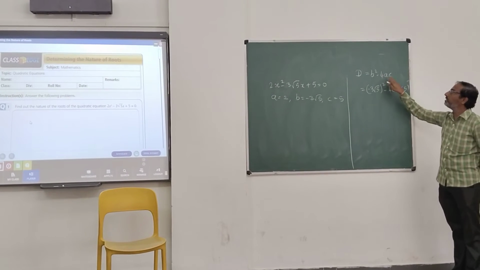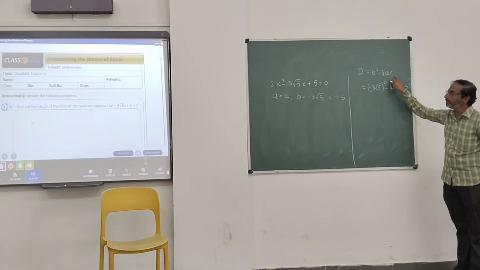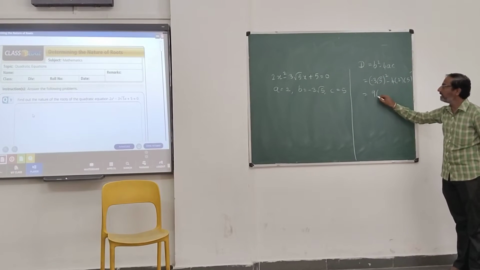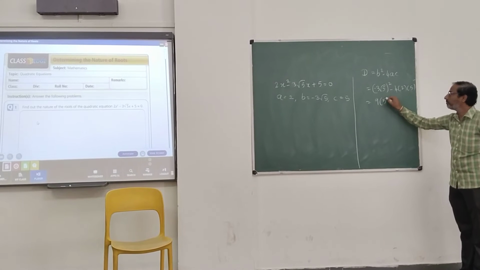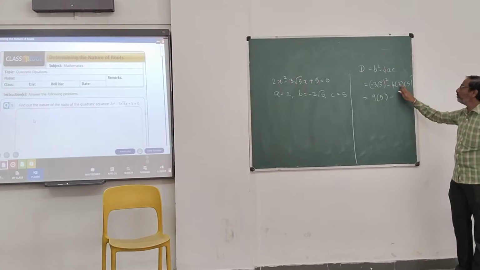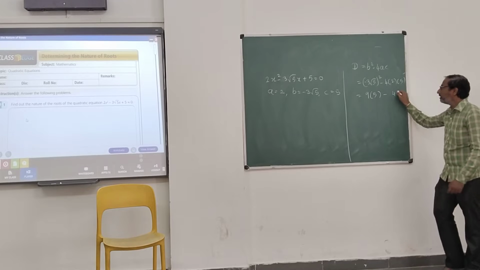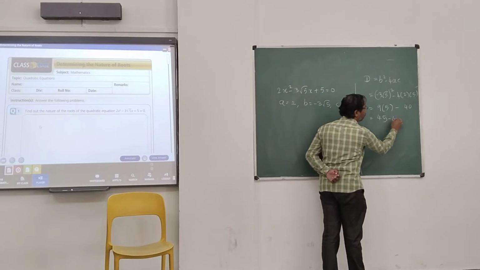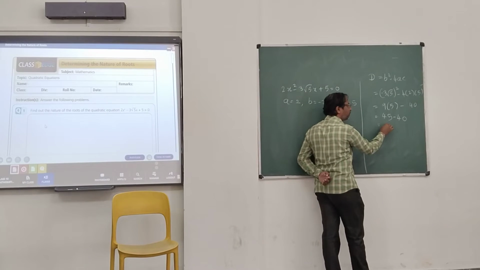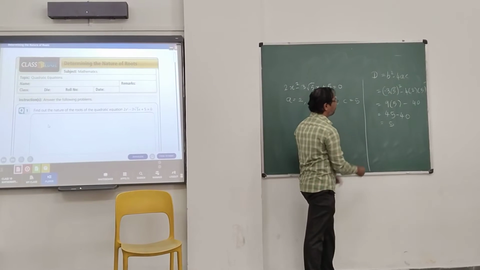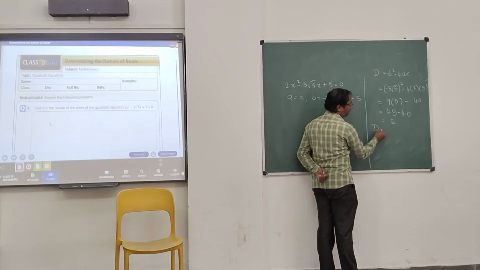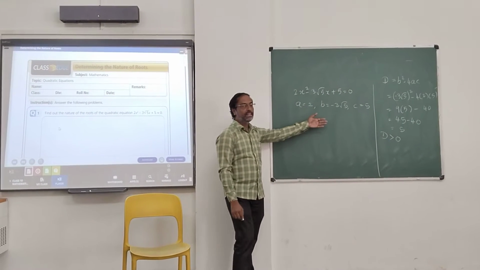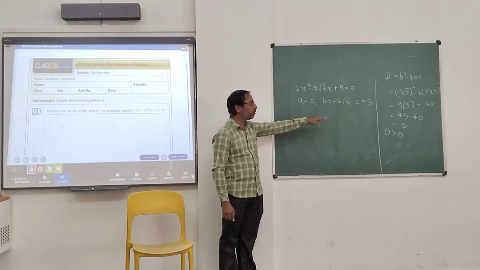So we substituted the values of a, b and c. Minus 3 square is 9 and root 5 square is 5, so 9 into 5 is 45, minus 4 into 2 into 5, which is 40. So 45 minus 40 is 5. We got D greater than 0, that is, D is positive.